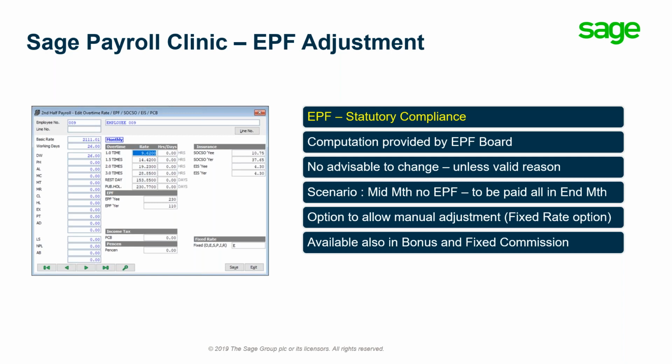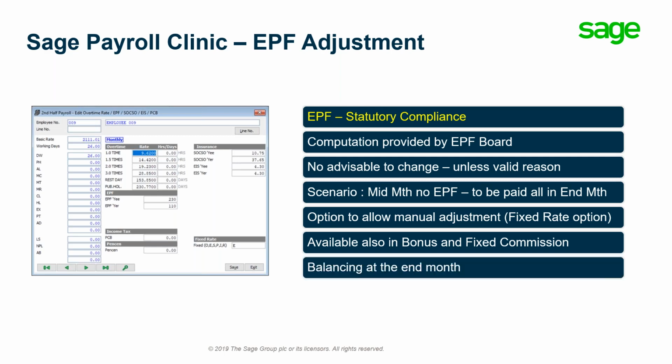Also, this option is available when you process a bonus or the fixed commission. A good example: for a bonus, I want to fix the EPF deduction so that it can balance to the end of the month. You can do so, because if not, the system will just prorate accordingly. This is the bonus, this is the EPF, then at the end of month it computes the balance amount.